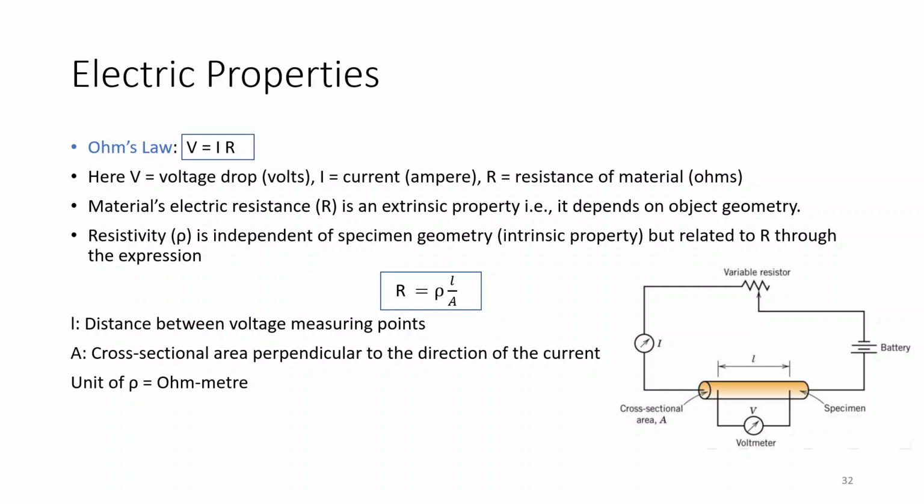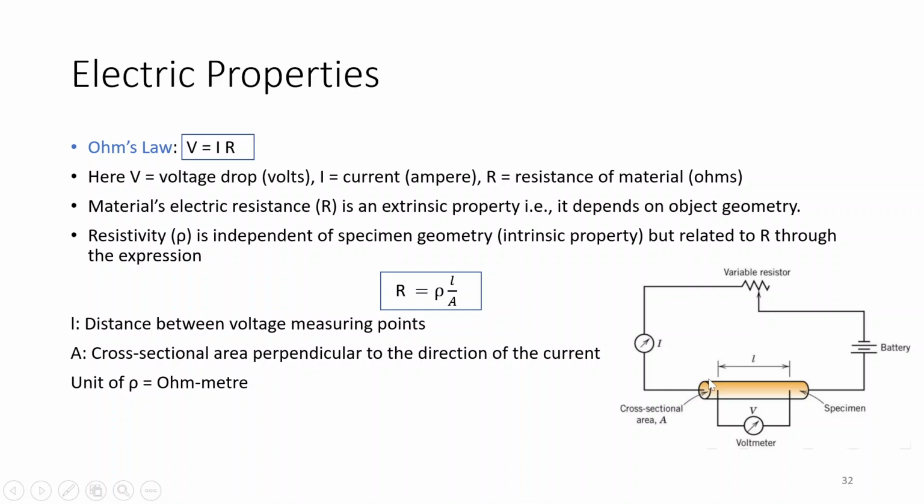The resistivity is an intrinsic property, independent of specimen geometry, but it is related to R through the expression: resistance equals resistivity times length upon area. Here L is the distance between voltage measuring points, as shown here, length, and A is the cross sectional area.